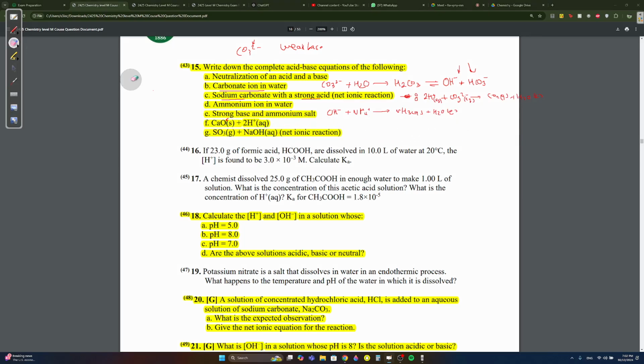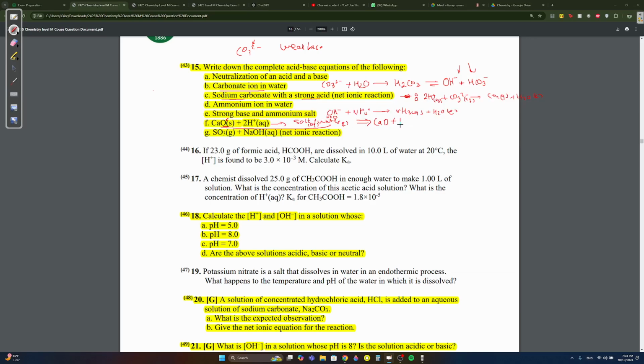Okay, it's to produce a salt plus water. The salt is aqueous, the water is liquid. CaO: Ca, obviously we include it, but I forgot to include O, because O is part of water. Water is H2O. It was a solid, became a liquid, so I'm going to include both Ca and O in my net ionic. So CaO solid plus H plus aqueous, because H plus turned into a liquid.